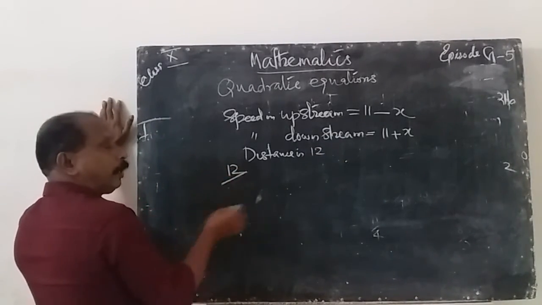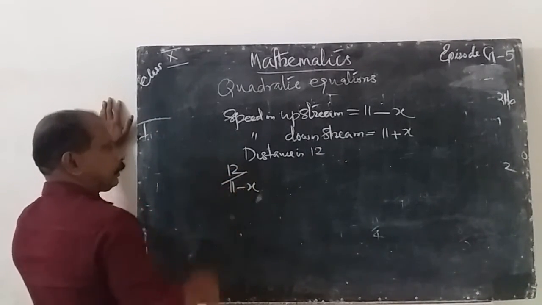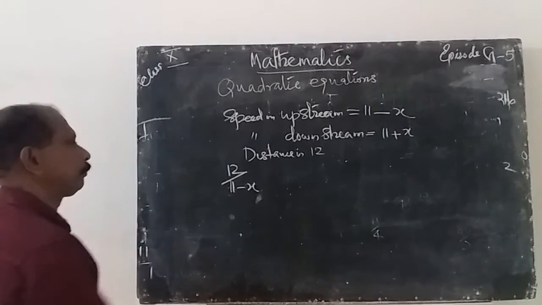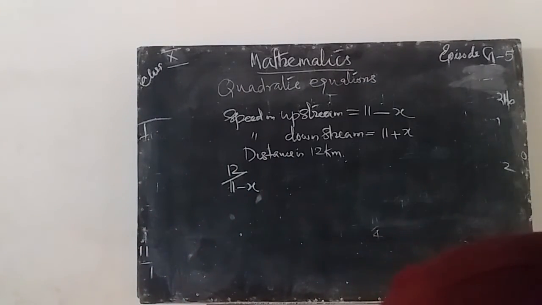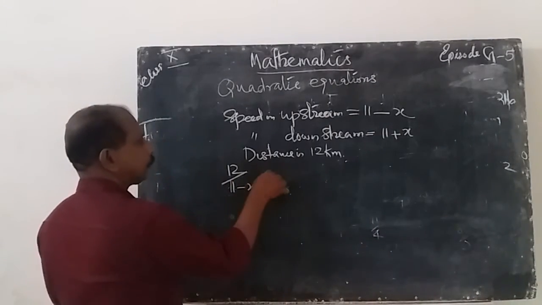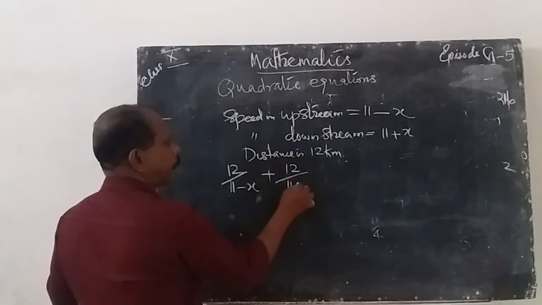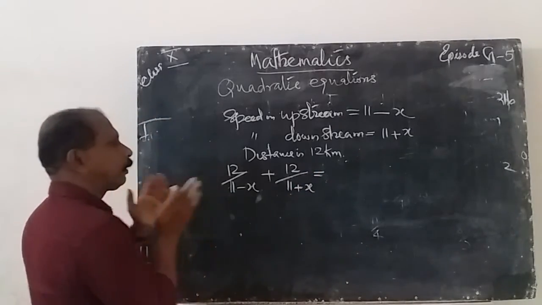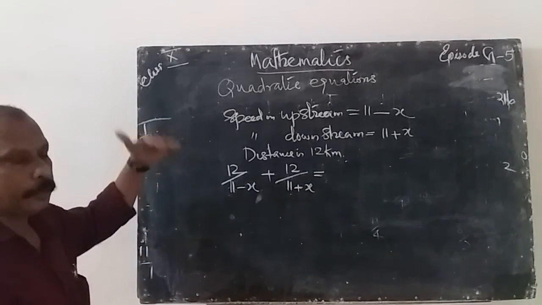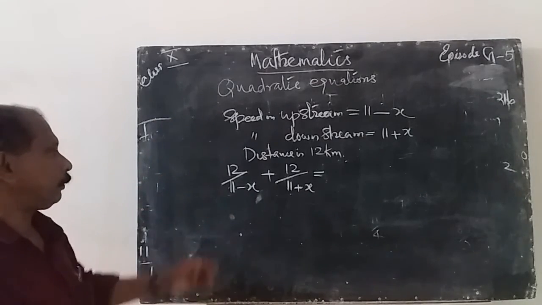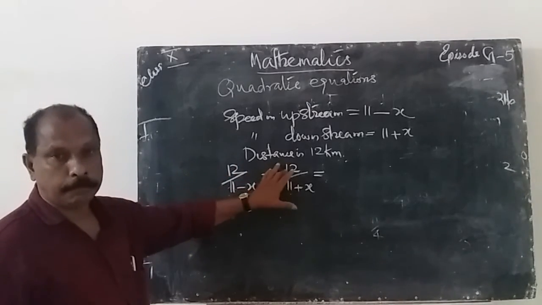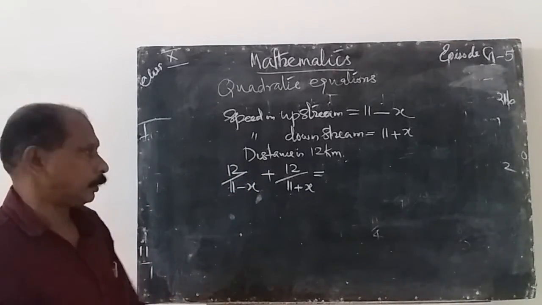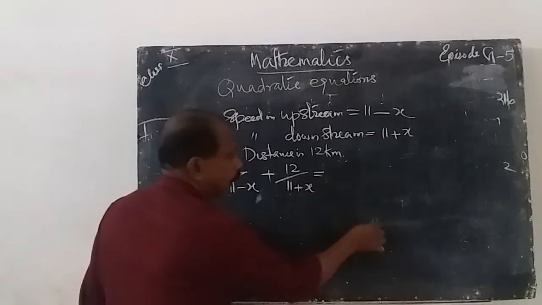Therefore, 12 by upstream, 11 minus x, plus 12 by 11 plus x is equal to the total time. 12 kilometer upstream and also 12 kilometer downstream. That is 12 by 11 minus x, the time for upstream, 12 by 11 plus x, the time for downstream, is equal to what? 11 by 4.